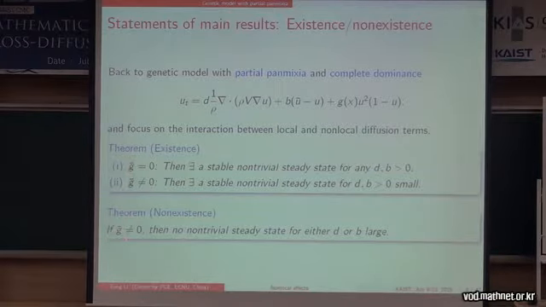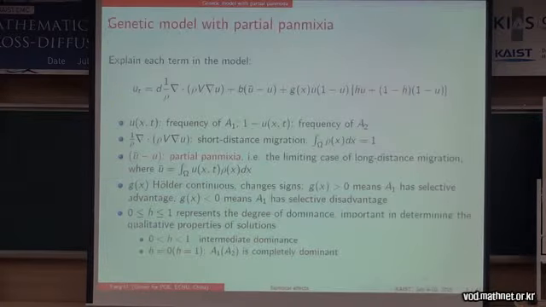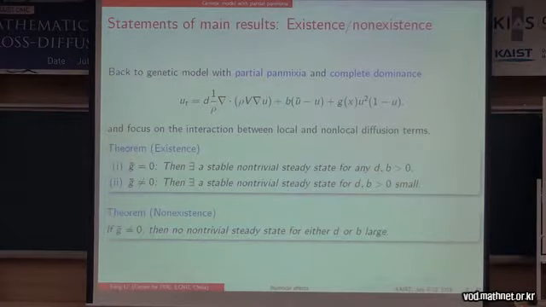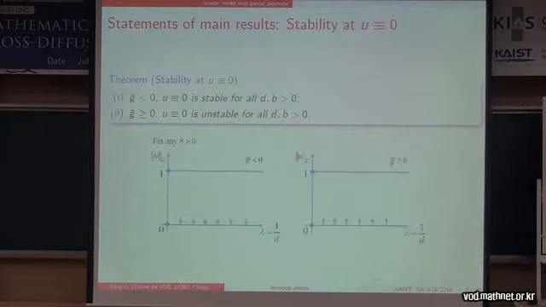When G bar is non-zero, then there's no non-trivial steady state for either D or B large. G bar is the average of G. Yes, it's the average. It's G of x times the population density. Here's the definition for U bar. So G bar means G times rho, where rho is the population density. So roughly speaking, you can think of it as an average. Okay, next. Stability part.